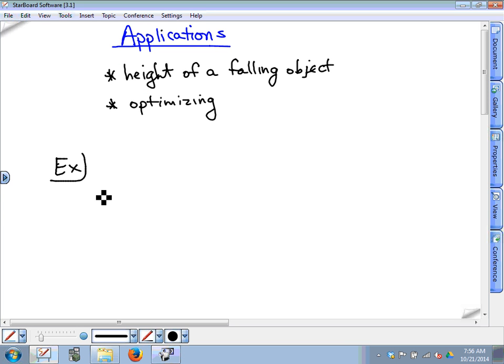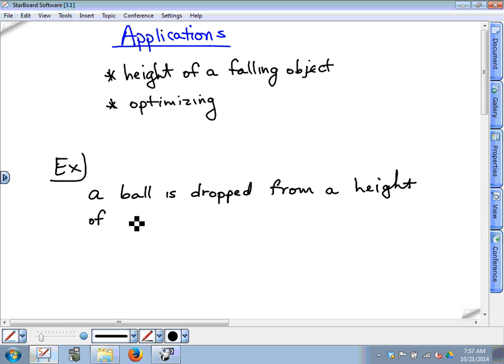Here's an example. A ball is dropped from a height of 320 feet.